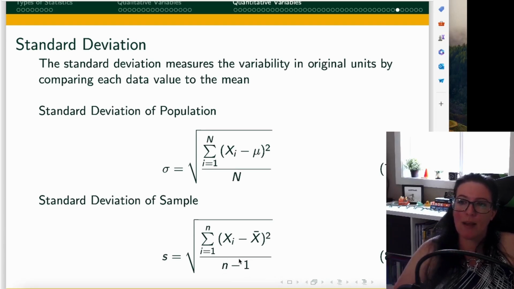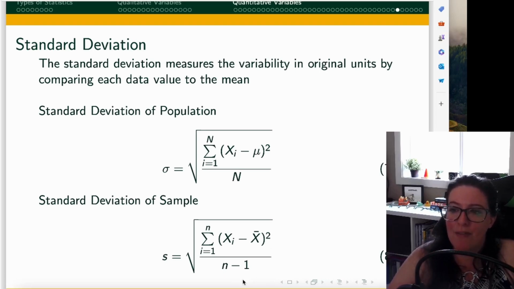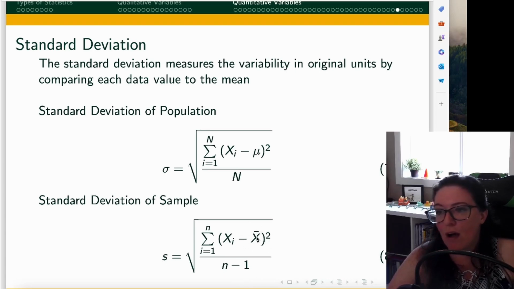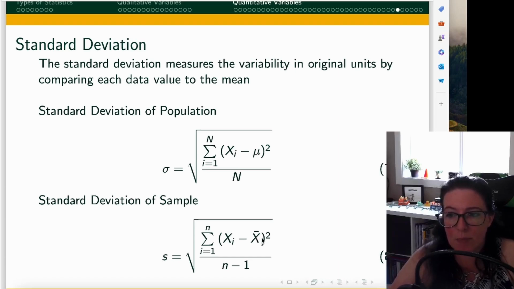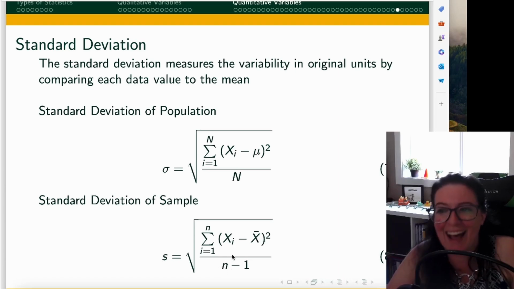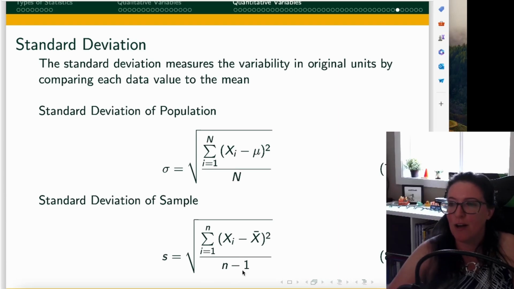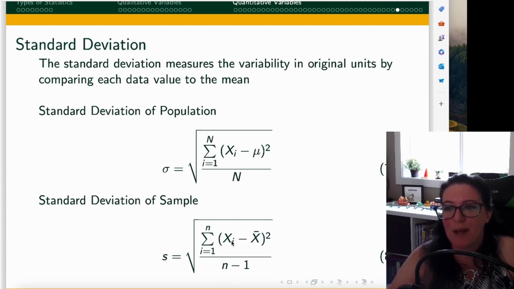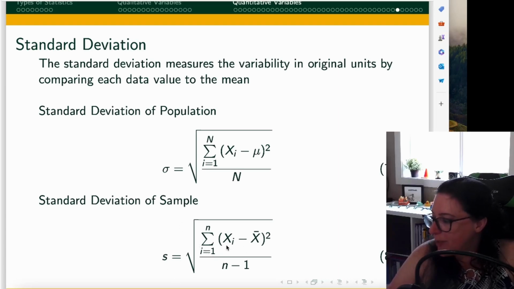That is to recognize the fact that we have made an estimate, a summary of the sample, and then we are using that to measure this sample statistic. So there's this little adjustment for the fact that this summary depends on that summary, and it's all the sample. So we look at how far each data point is from the average for the sample.